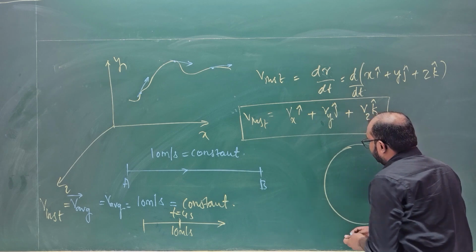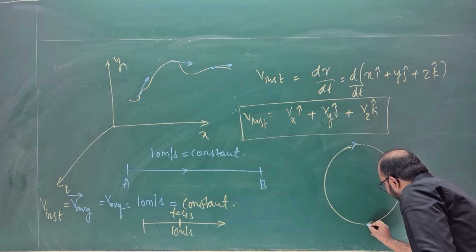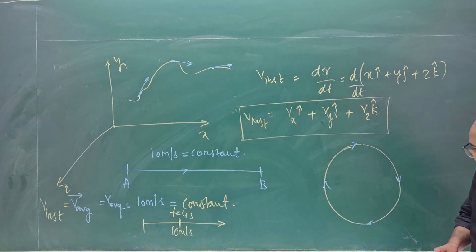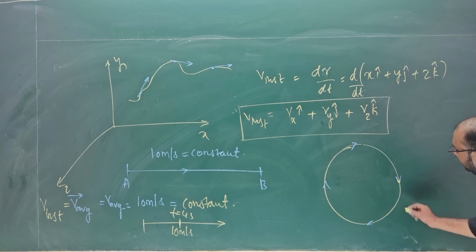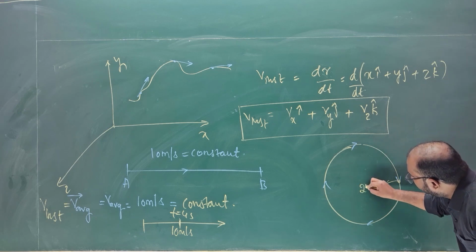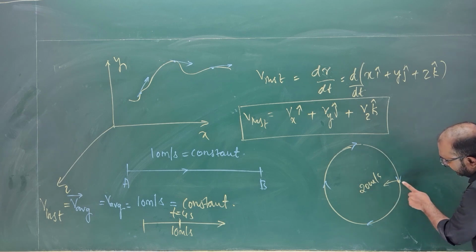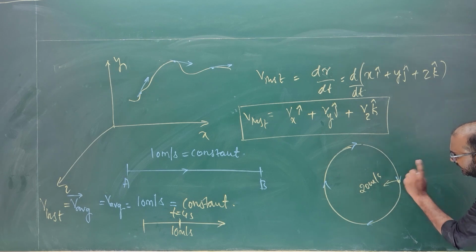Let us try to understand. Consider the body is moving in a clockwise direction. At this point, I found the velocity of the body is 20 meter per second. If I am saying at this instant the velocity of the body is 20 meter per second, what is the instantaneous speed?